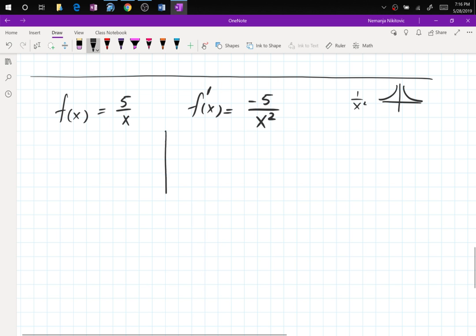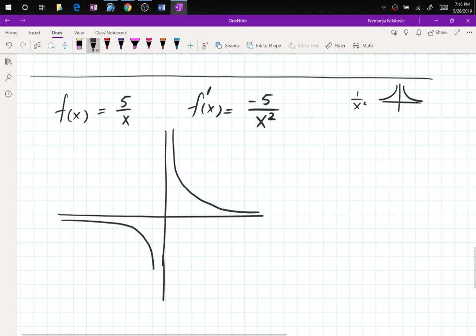So now, if I draw 5 over x in black, and then I need the red one, which is -5 over x squared. x squared positive should be going up.